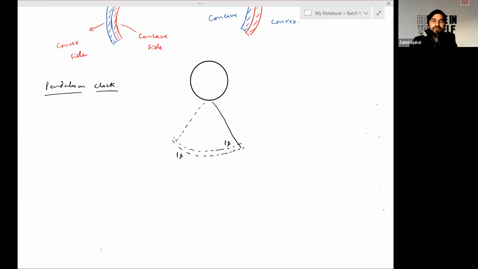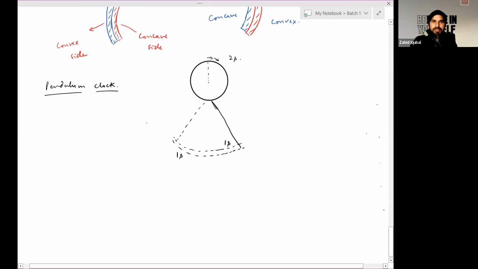So in total, for one complete oscillation, it takes 2 seconds, during which the reading of the clock will go from this point to this point, 1 tick, and then 1 tick. That is 2 seconds. Let's say this rod is composed of some metal, so its length may change on changing temperature.